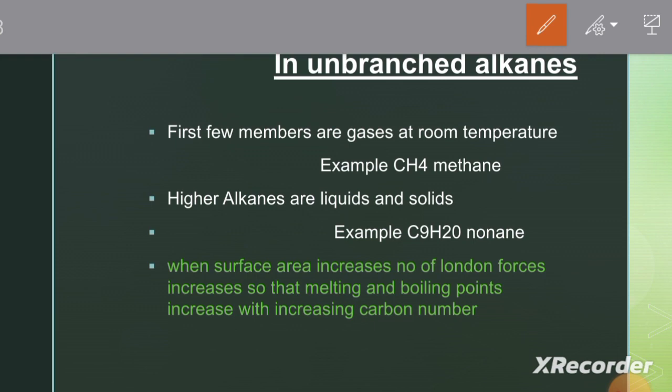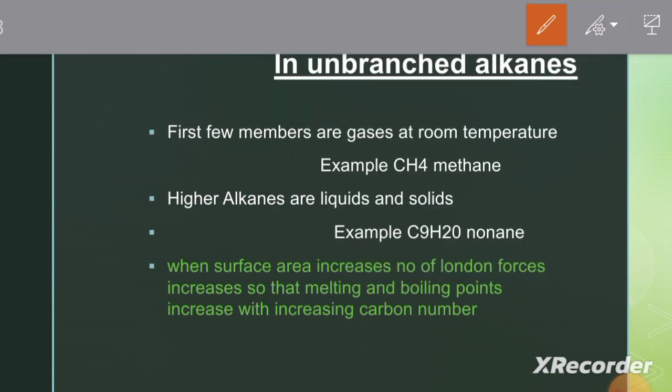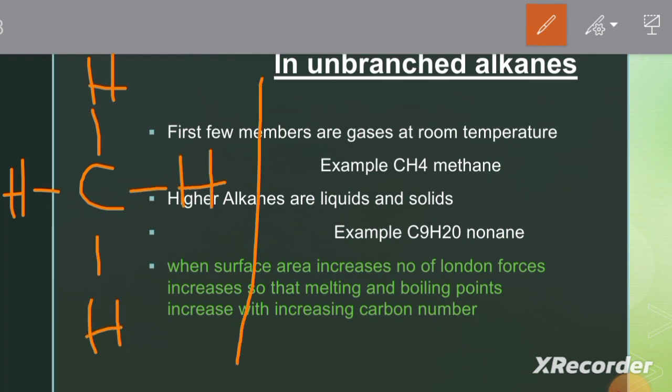So if we think about an unbranched alkane, when the alkane's carbon number increases, the surface area of the alkane increases. For example, CH4 methane has a surface area like this, and ethane has 2 carbon, and due to that the surface area of it is higher.